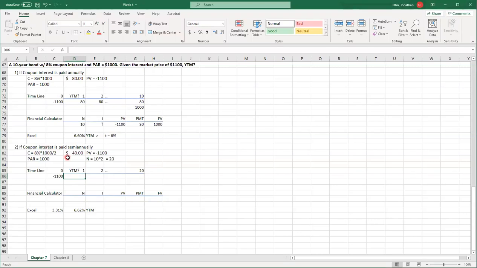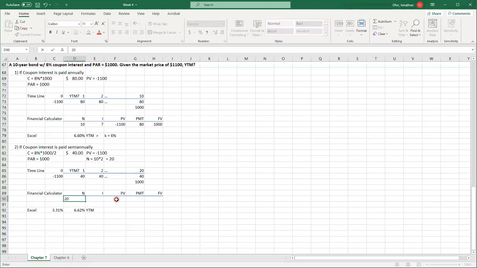And then your periodic payment is $40, and $1,000 comes at the end of year 10. Again, financial calculator, same thing, but the change is this is semi-annual.